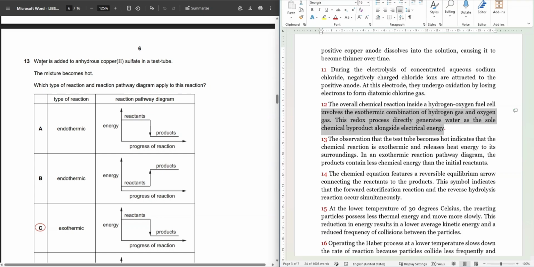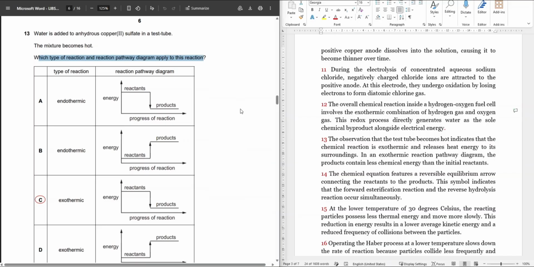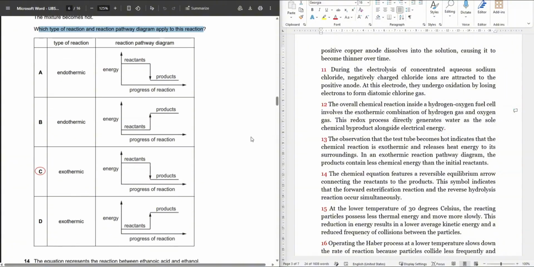It says water is added to anhydrous copper(II) sulfate in a test tube. Now the mixture becomes hot. Which type of reaction and reaction pathway diagram apply to this reaction? Here we have options: option A endothermic, option B again endothermic, option C exothermic, and option D again exothermic. So our answer is C, exothermic.